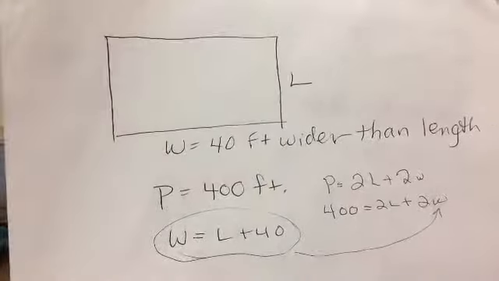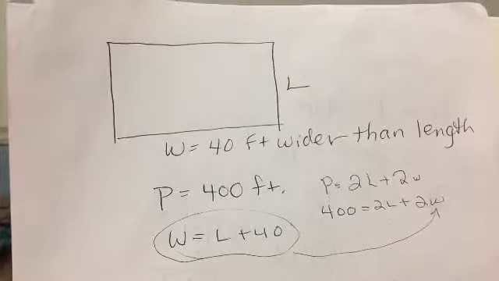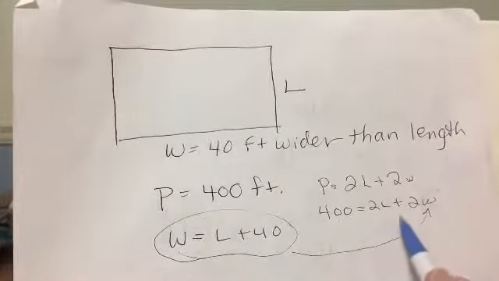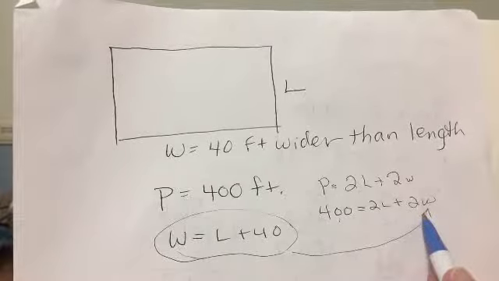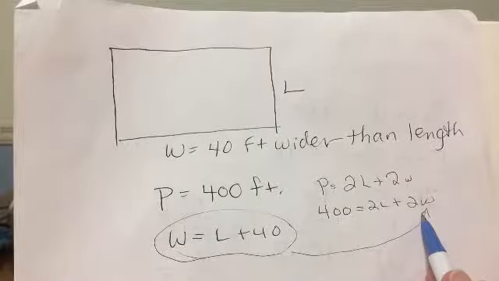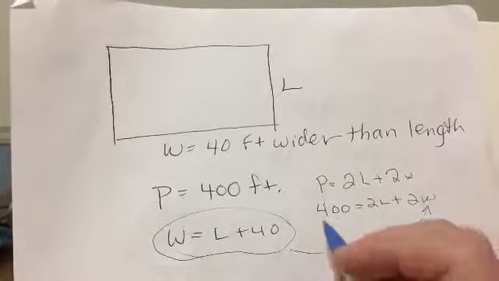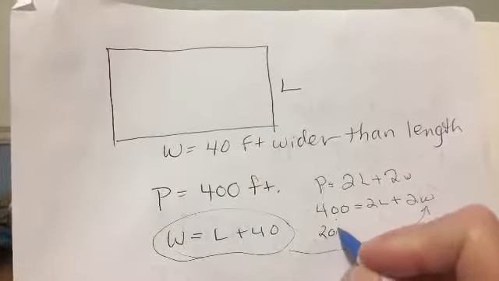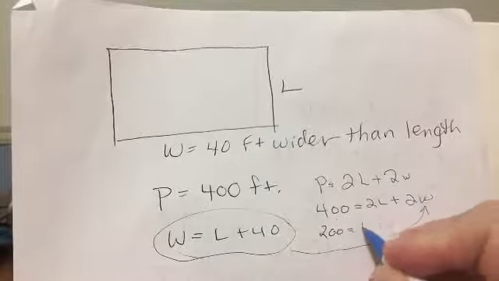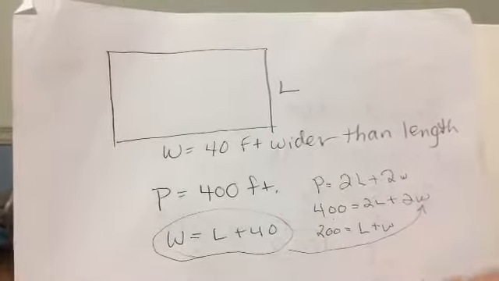But before I do that, wouldn't it be nice if I were able to simplify this and make it a less complicated equation? And I can do that just by dividing the whole thing on both sides by a 2. So we can divide by 2, divide by 2, divide by 2, and get 200 equals L plus W.